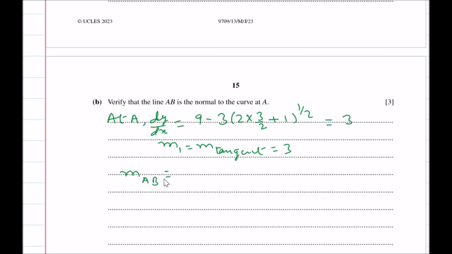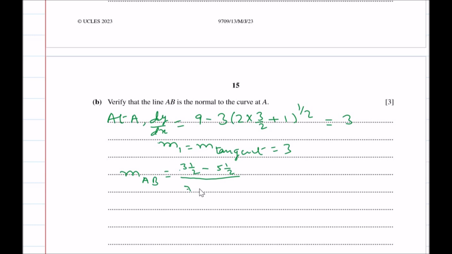For that you need to simply apply the gradient formula. So we get 3 and half minus 5 and half, y1 minus y2 divided by x1 minus x2.